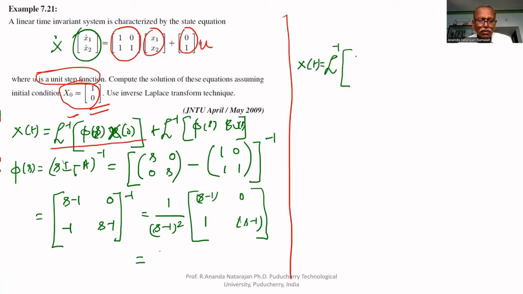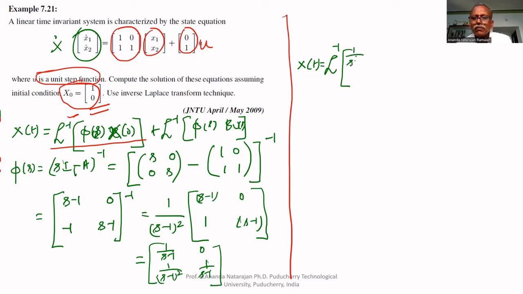If we bring this inside, what you will get? 1 by S minus 1, 0, 1 by (S minus 1) whole square, 1 by S minus 1. So we can substitute that.